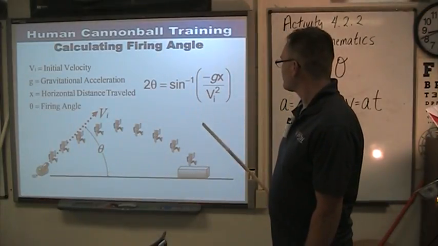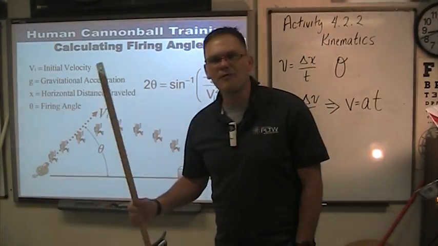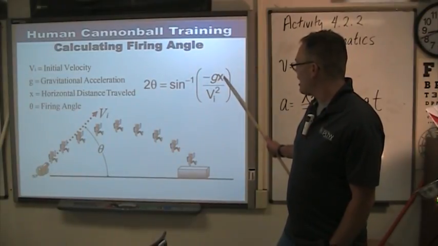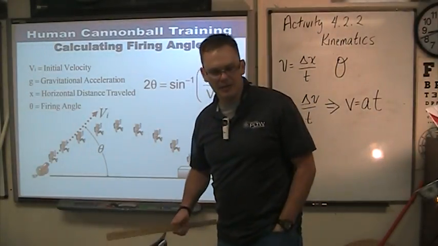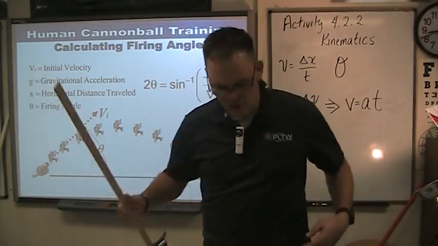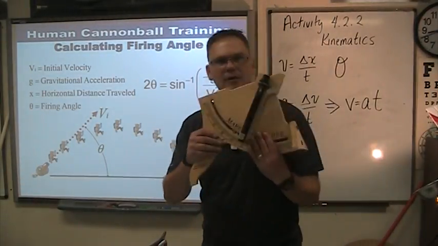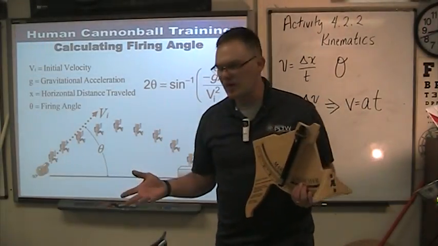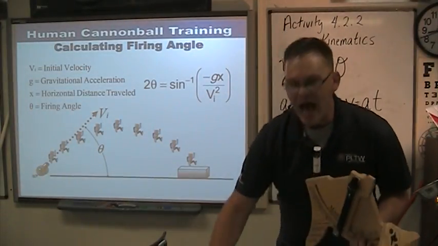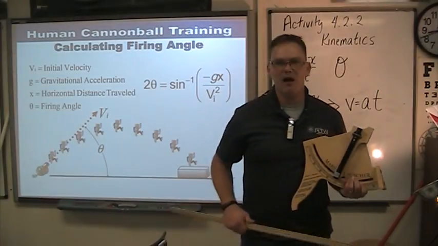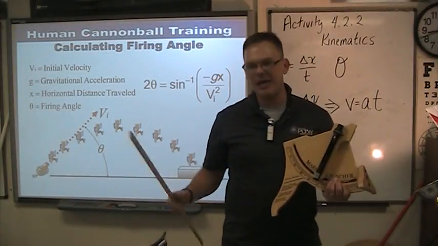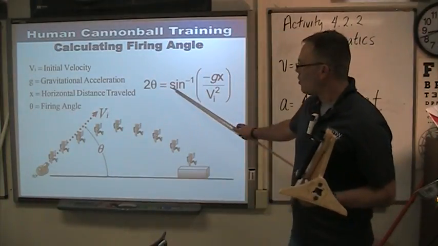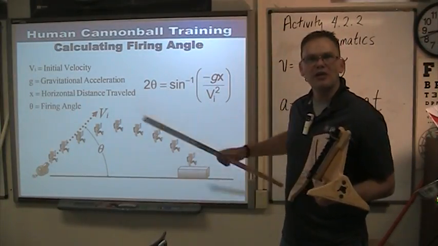Or if I have the initial velocity and gravity, and I know the distance, you say, hey, the initial velocity coming out of your marble shooter is 20 feet per second. I want you to fire this marble so that it lands 10 feet away. We can find the angle at which you need to fire this.